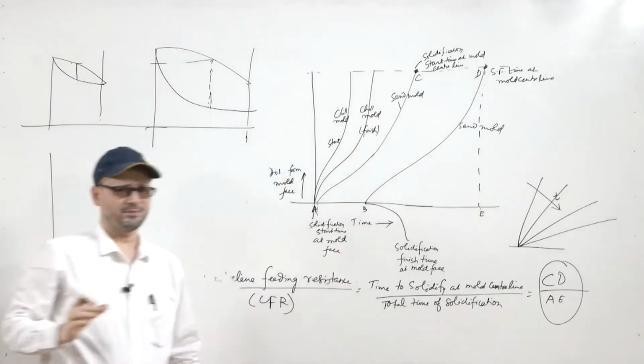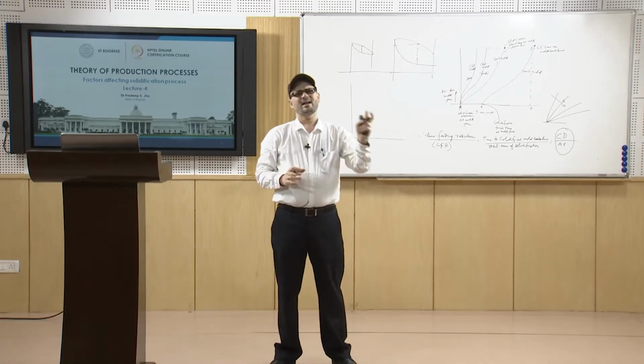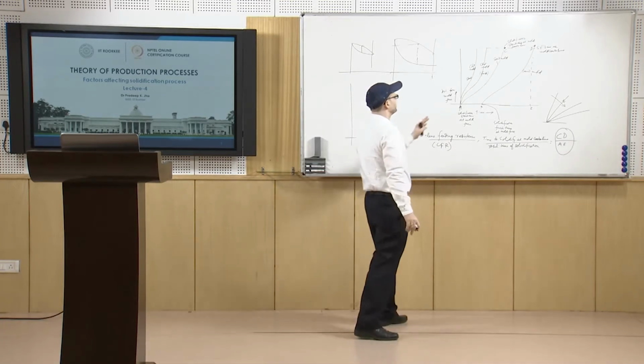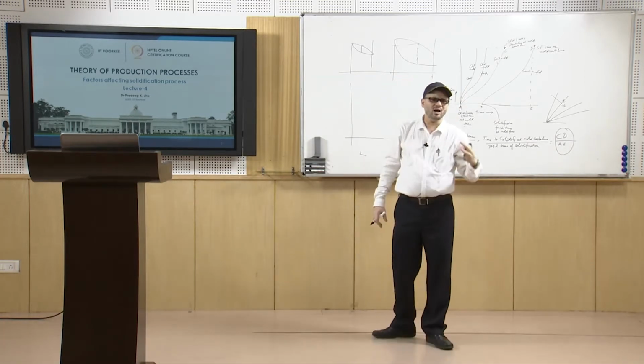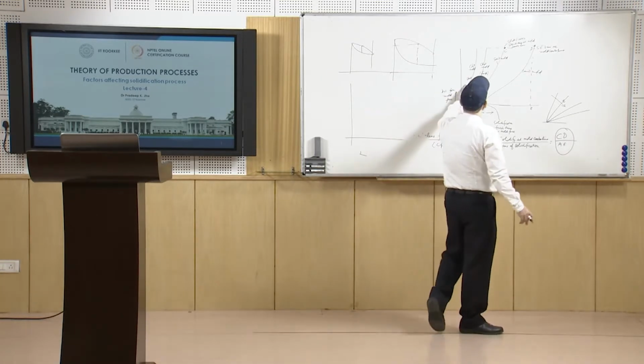So, if you have two molds, one made of sand and another made of metal. In the case of a chill mold, since the heat extraction rate is quite fast, there is less time for the solidification to be complete.